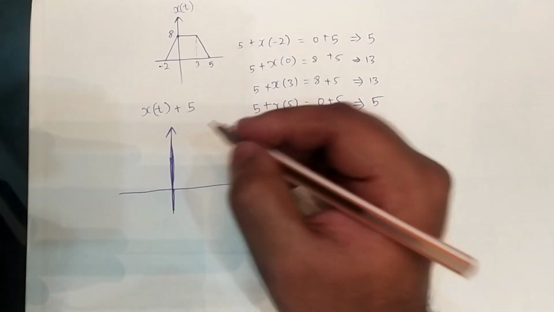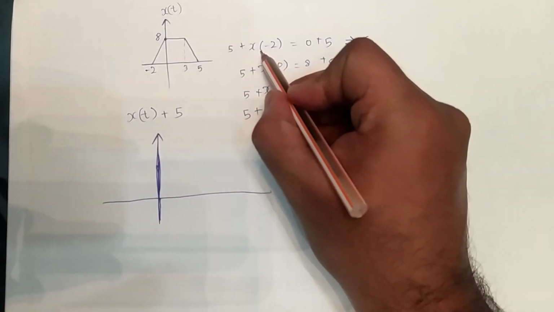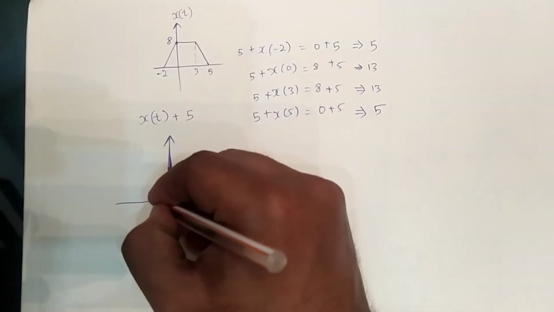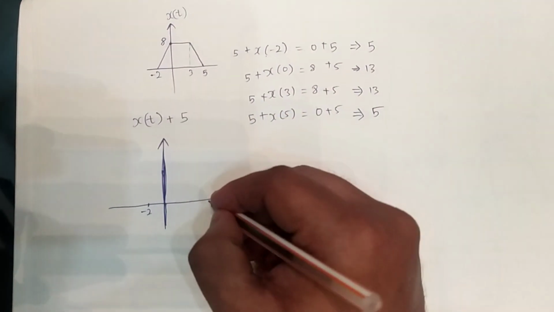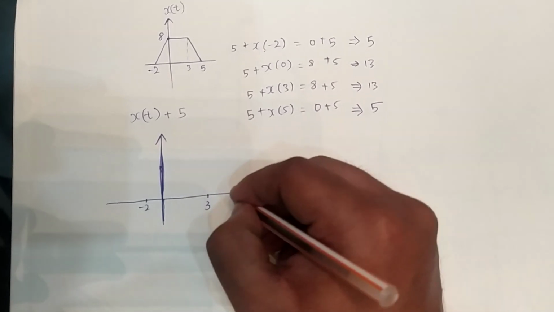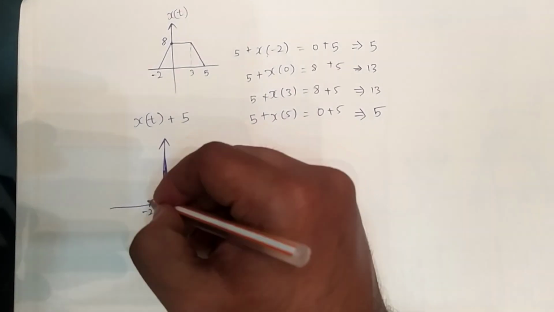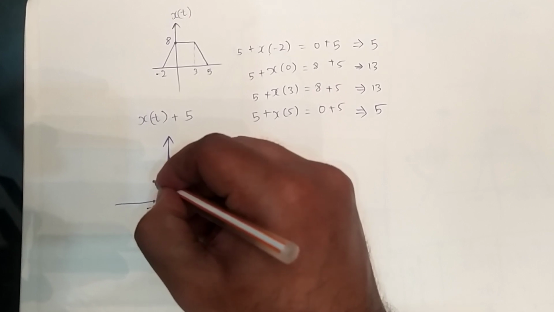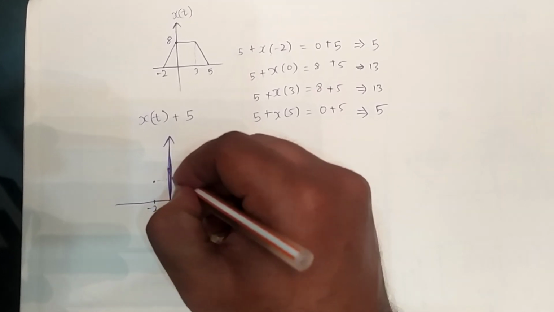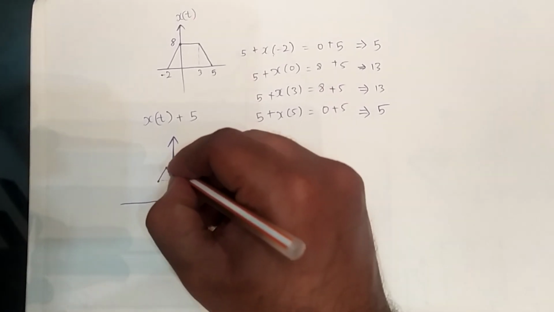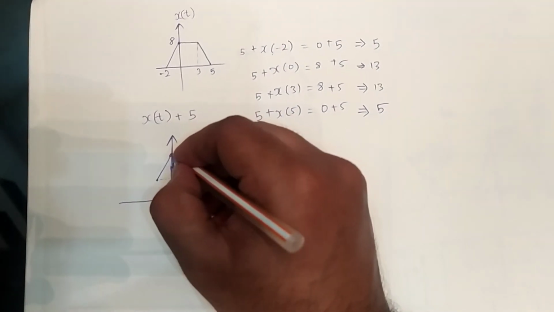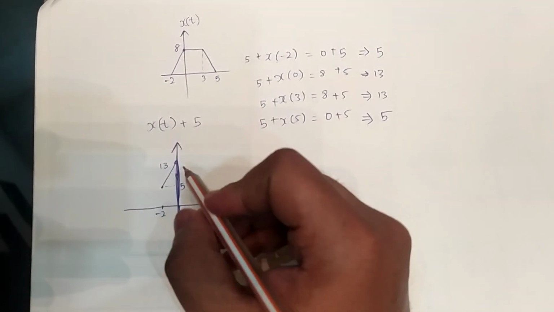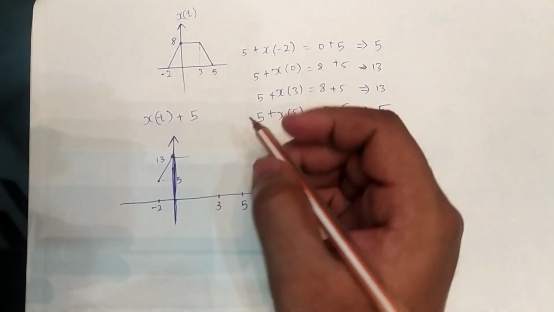Your graph wouldn't be starting at 0 this time, because x of minus 2 is 5. So x of minus 2 will be starting at 5, and this will travel up to 13. So this would be 13, and this would travel here.